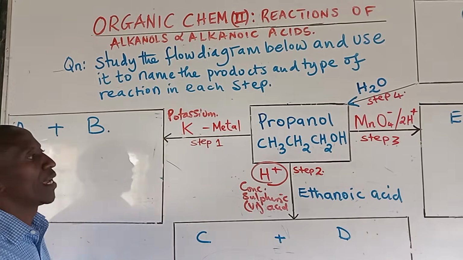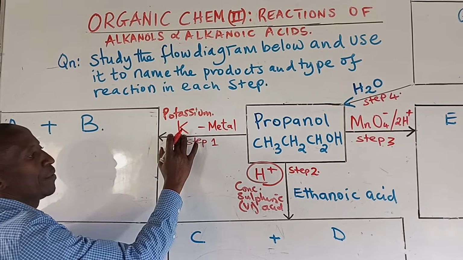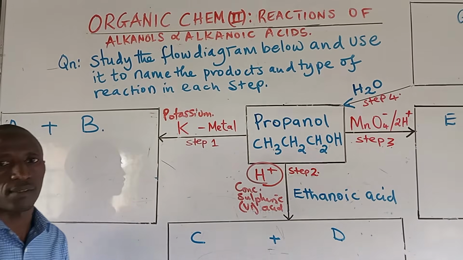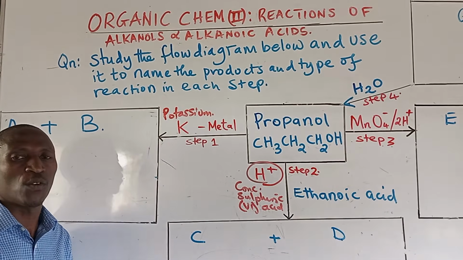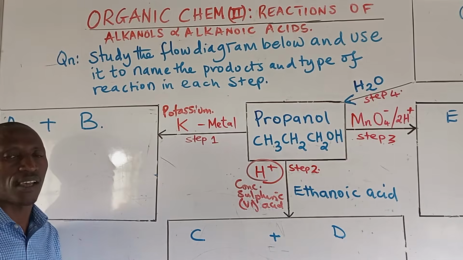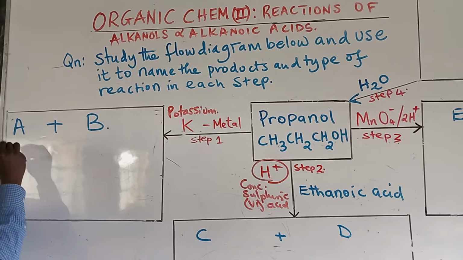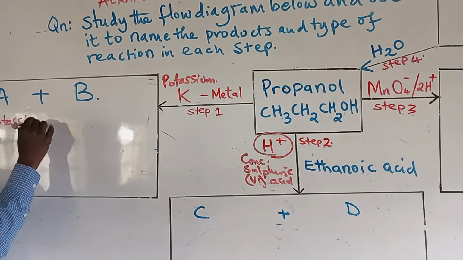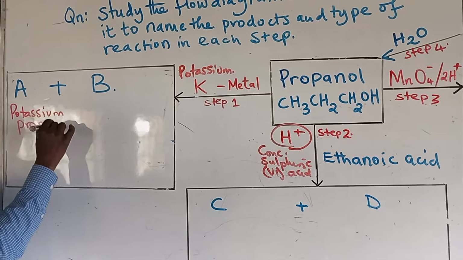Step number 1. An alkanol called propanol reacts with potassium to yield 2 products. Which are these 2 products? Kindly write down and play on the video to see the answer. Now, the answer is we should have potassium propoxide.